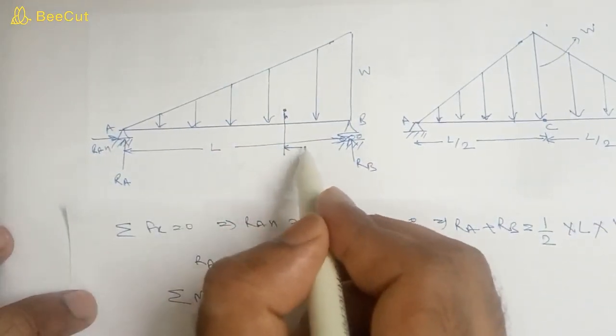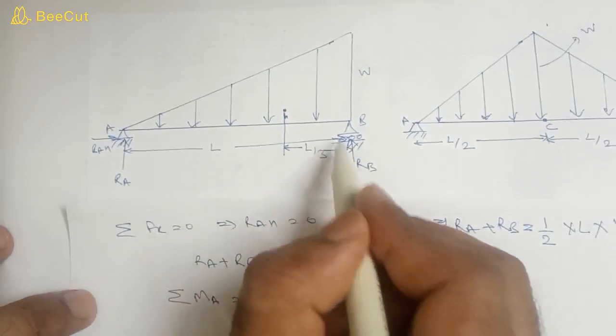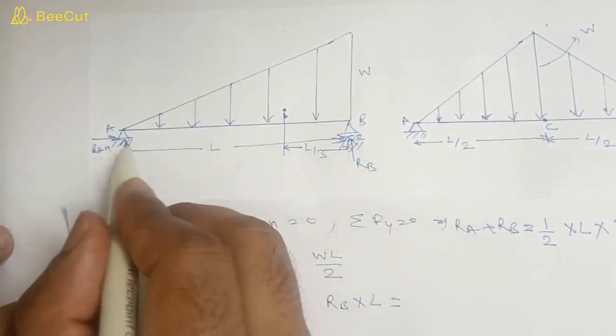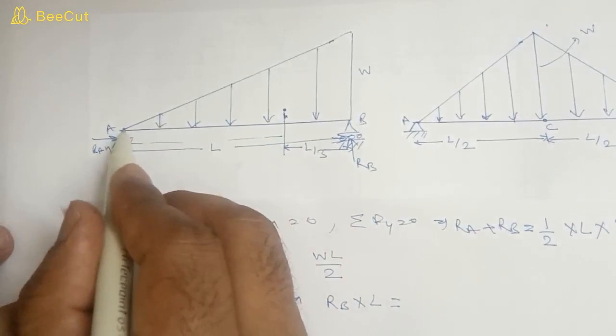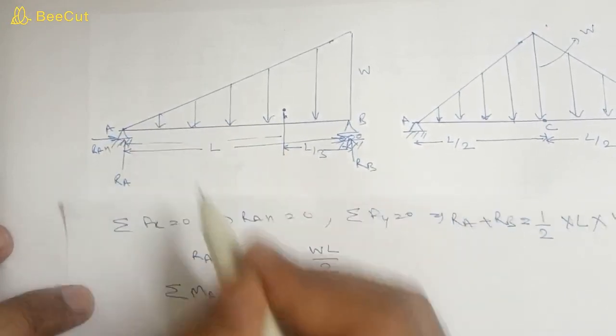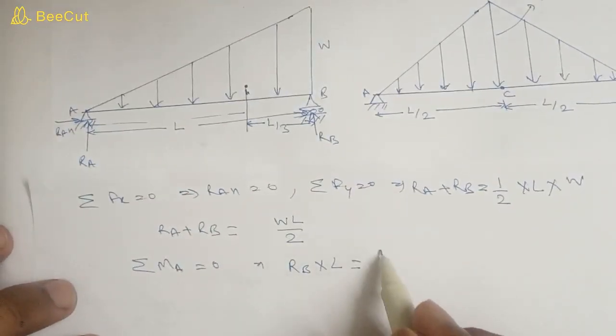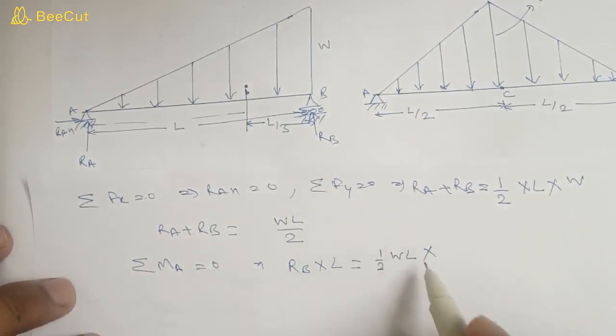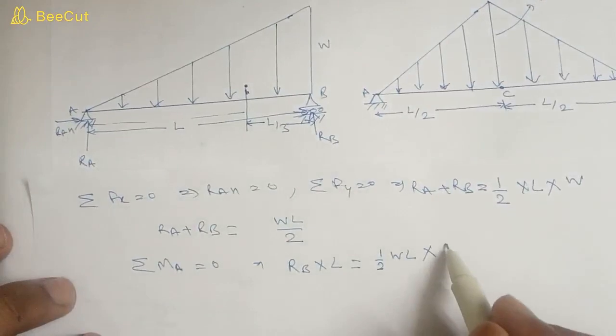We know the centroid of a triangle is located at L by 3 from one end, and 2L by 3 from this end. So half WL is the total load, and its centroid is at distance 2L by 3.